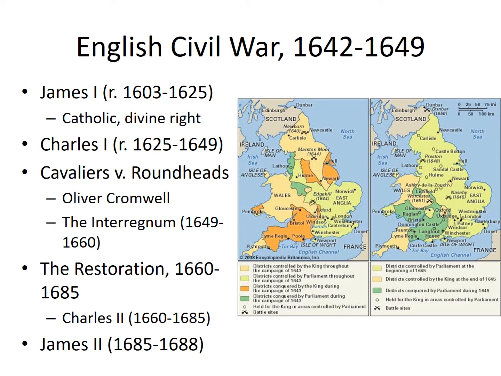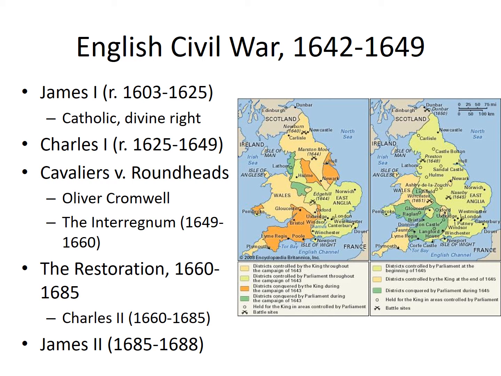1642 to 1649. Ultimately, this was the Cavaliers, which were the royal supporters, versus the Roundheads, which were the supporters of Parliament, King versus Parliament. Ultimately, Charles I will be captured. He will be put on trial for treason against the people of England, and he will be beheaded.